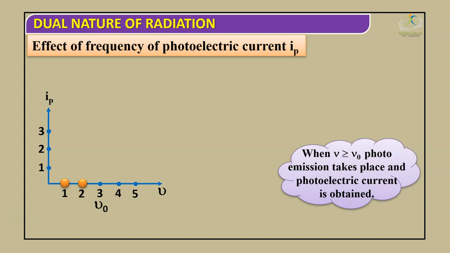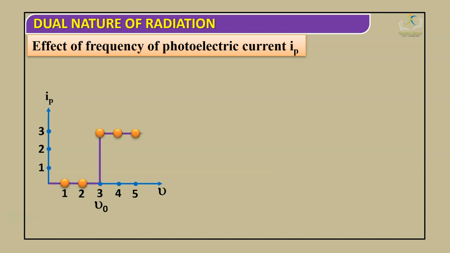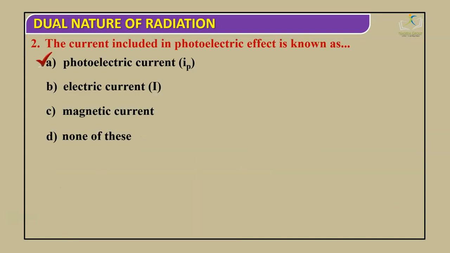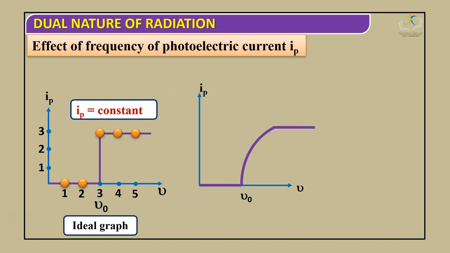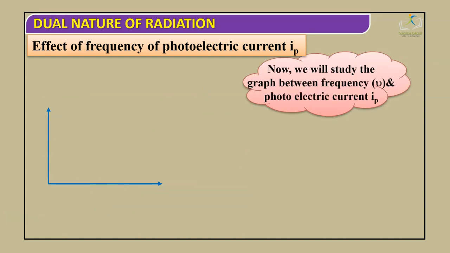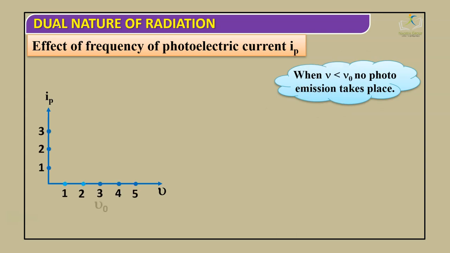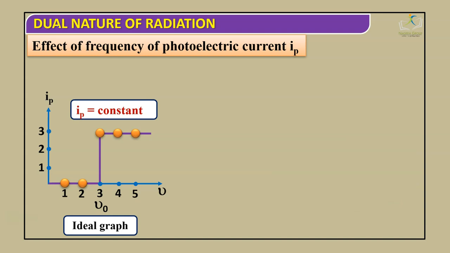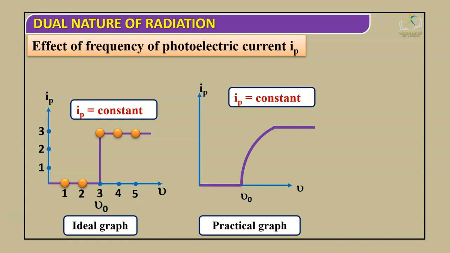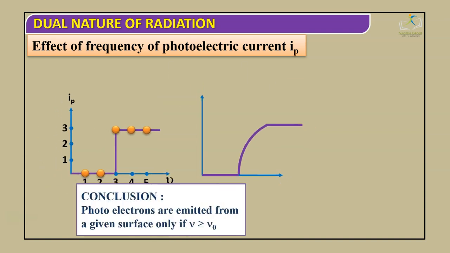When nu is greater than nu naught, photoelectric emission takes place and photoelectric current is obtained. As you can see, IP is equal to constant in the ideal graph. Where IP is a constant, this is a practical graph.